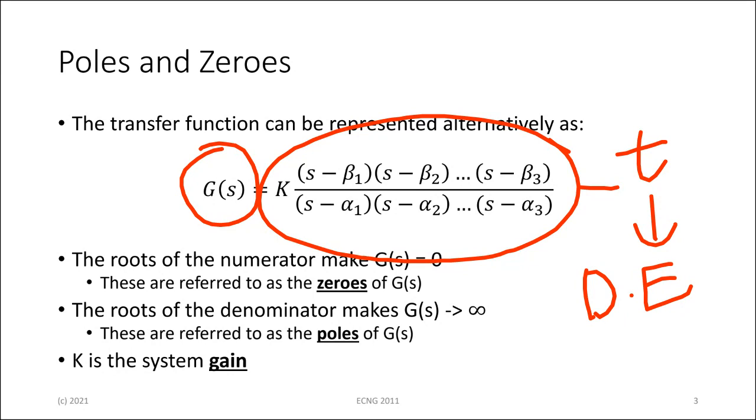You couldn't tell that from the differential equation, but we can tell it now. So our challenge as engineers is that when you make the model, you choose values of the alphas and betas that will not occur in real life, or you make sure that if they do occur, you have the protection to deal with it.